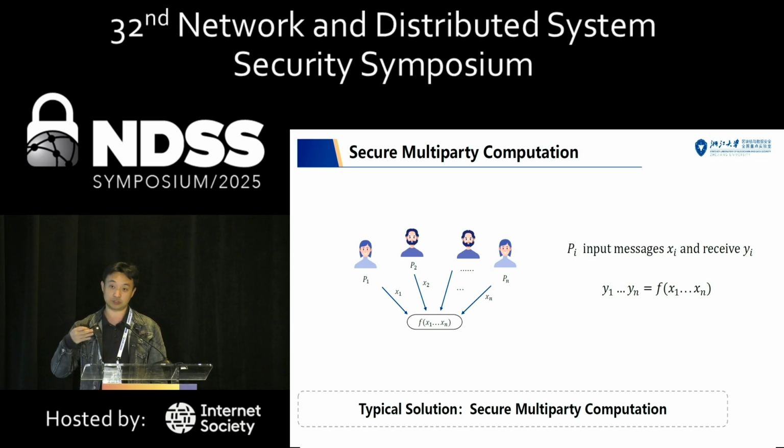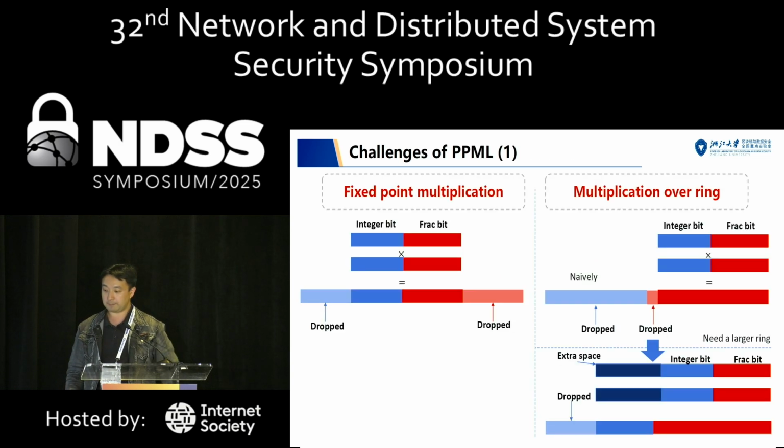In our case, it's a two-party computation, although in the related work in the paper, we compare some multi-party computation. The exact challenge we're looking at is in privacy preserving machine learning. We usually use fixed point arithmetic.